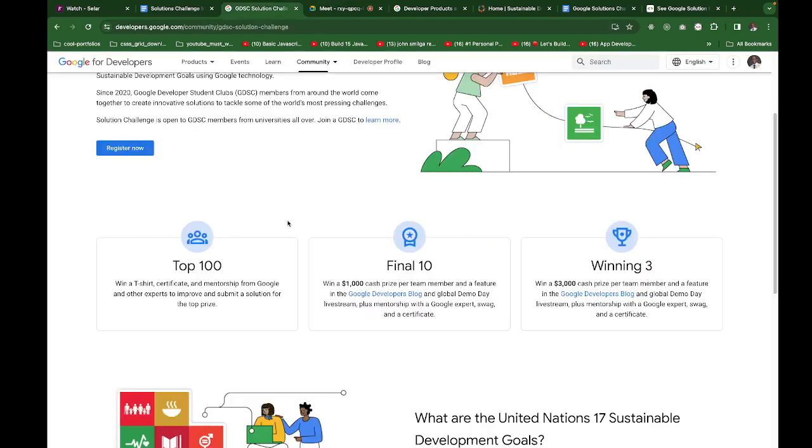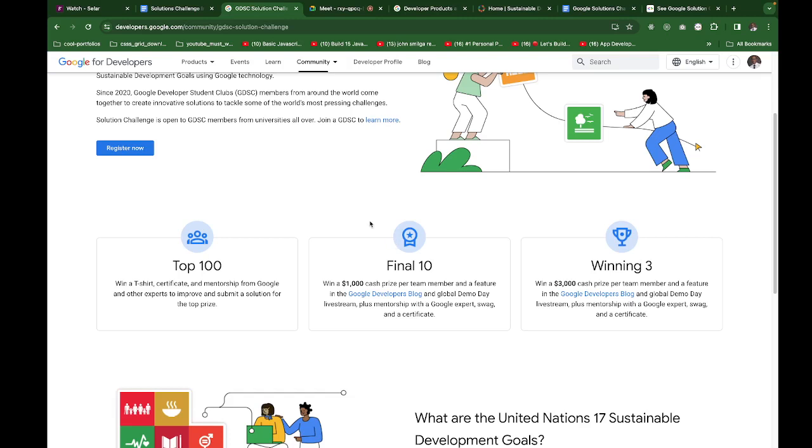Basically, students form teams from Google Developer Student Clubs all over the world, and a team comprises from one person to a four-member team. So you can go solo, but of course it is better to form a team for more effectiveness.